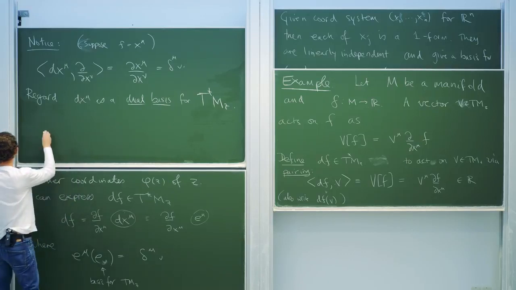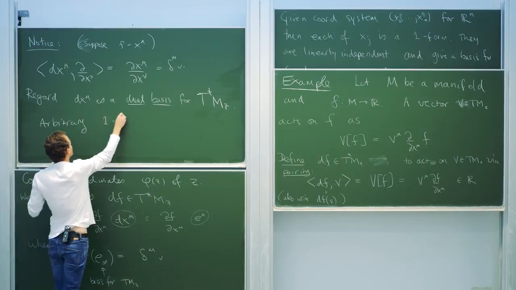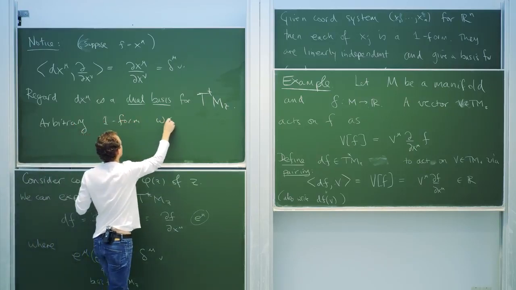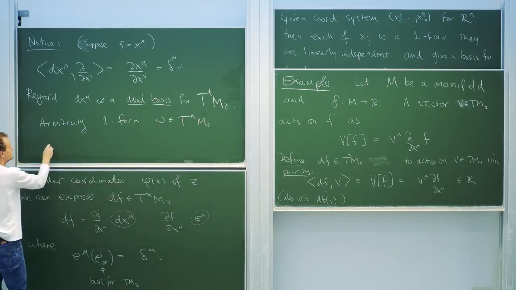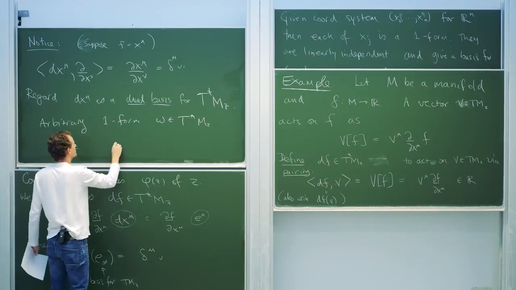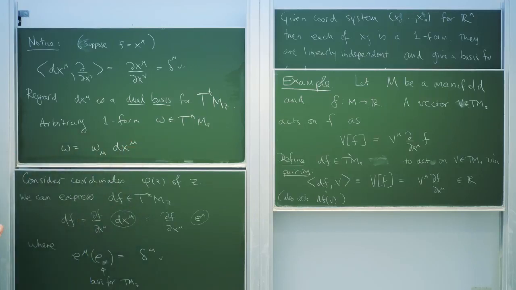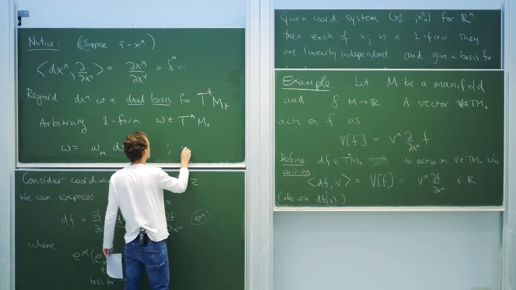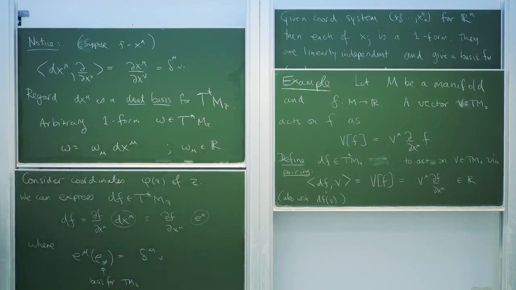This also means that an arbitrary one form, omega, can be written as a linear combination of these things. Good.